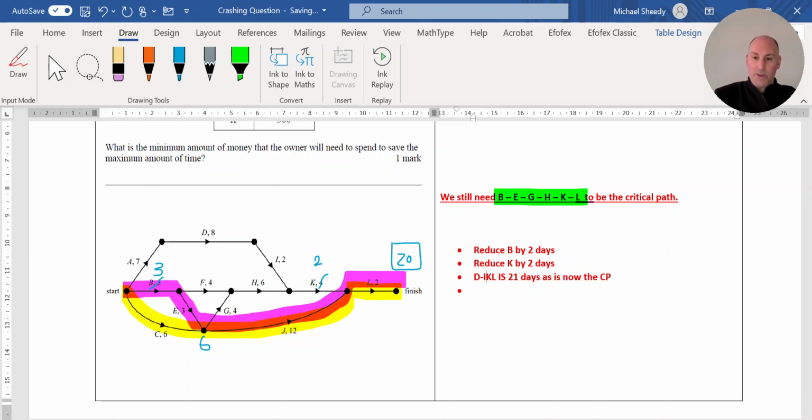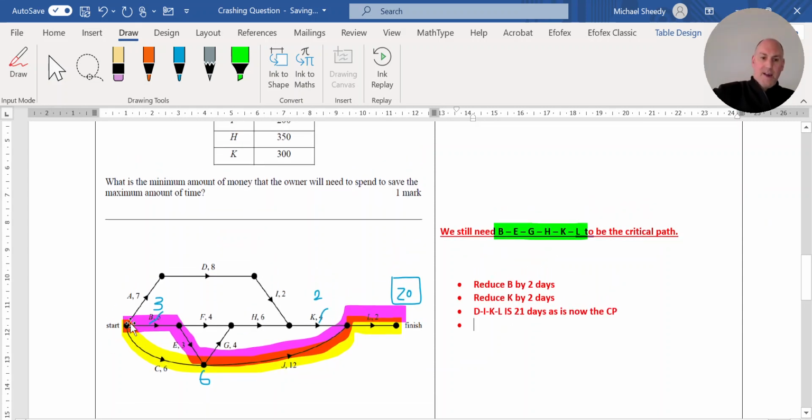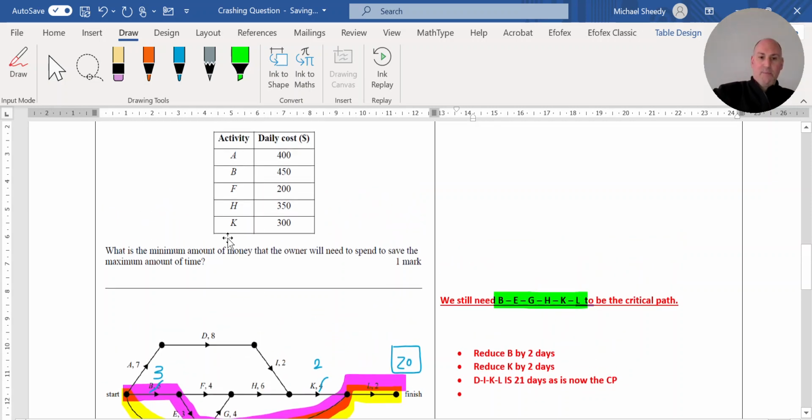Okay, because the longest way forward is always the critical path. So along that path of A, D, I, K, L, can I make any reductions? K's already been reduced, H is not on that path, F is not, B is not, but A is.